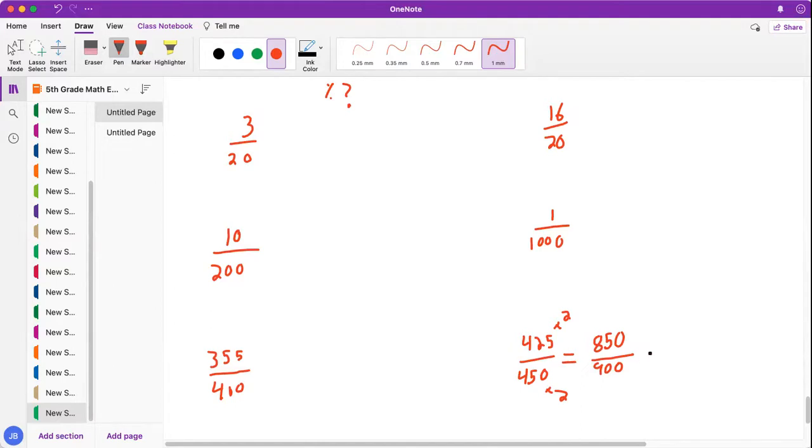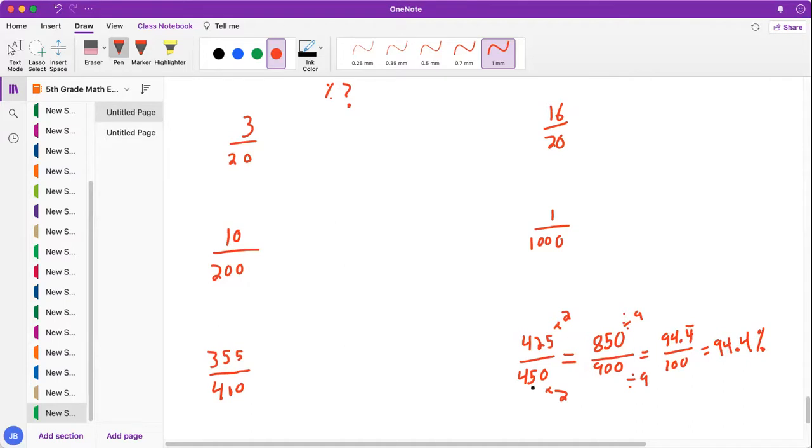And then we're going to do 900 divided by 9 to get to 100, and then 850 divided by 9, which equals 94.4, and the answer is 94.4. Perfect. So about 94.4%. Great job.